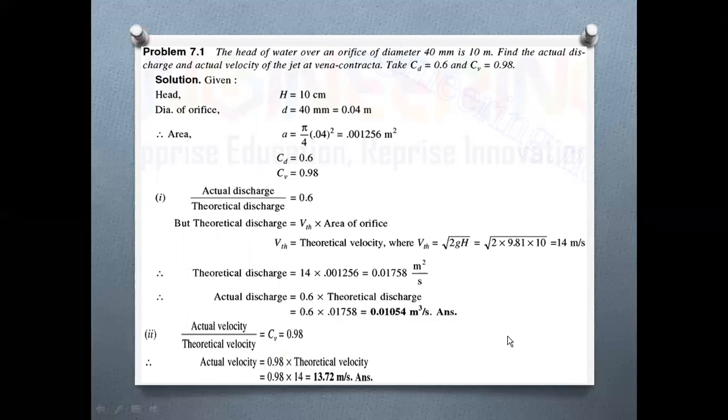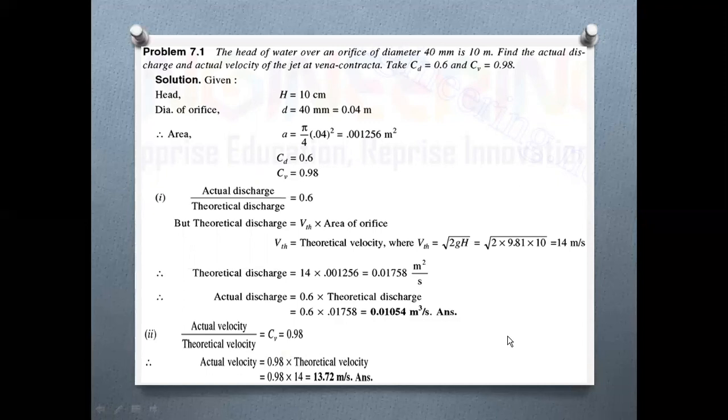Now, theoretical discharge is equal to 14 into 0.001256, which is equal to 0.01758 meter cube per second. Now, actual discharge is equal to 0.6 into theoretical discharge, which is equal to 0.6 into 0.01758, which is equal to 0.0105 meter cube per second.